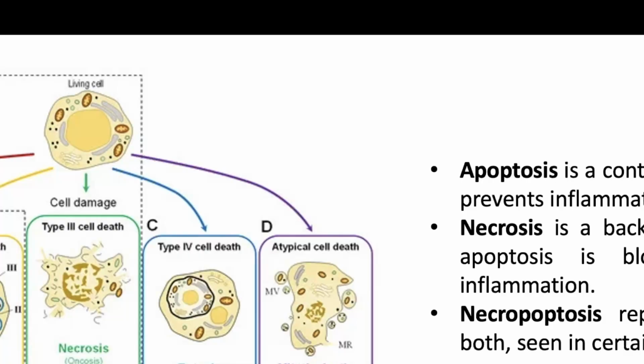Necrosis is an inflammatory cell death where the membrane is ruptured, cytoplasm is spilled out, and it causes inflammation, draws attention of other cells, and recruits white blood cells. And necroptosis is a hybrid form which is a mixture between apoptosis and necrosis, and it's seen in certain diseases.